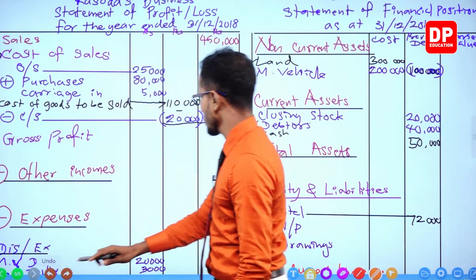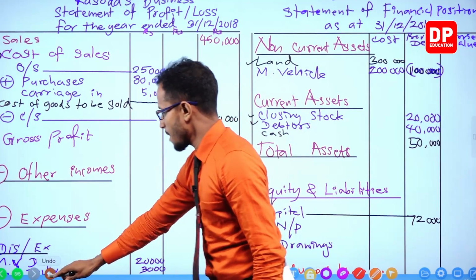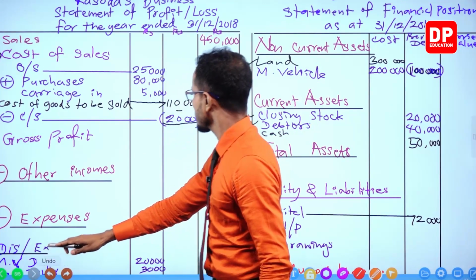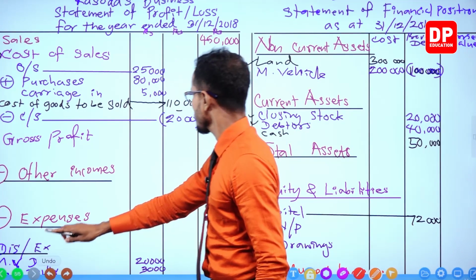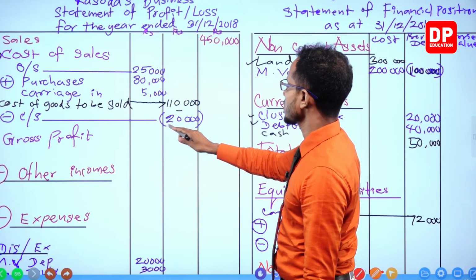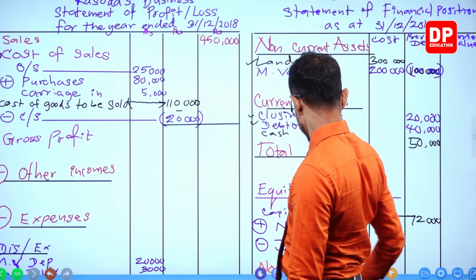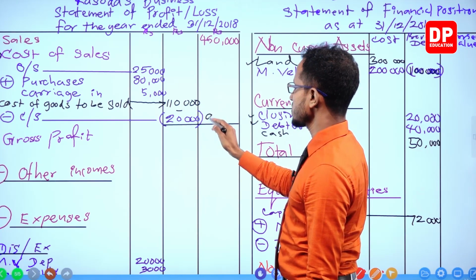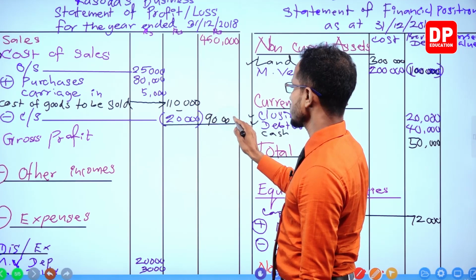Don't draw lines here and there, okay? Keep it neat and tidy. 110 minus 20, answer is 90. 90,000 is the cost of sales.